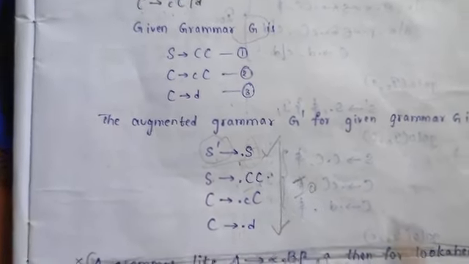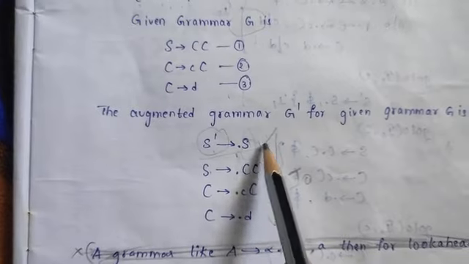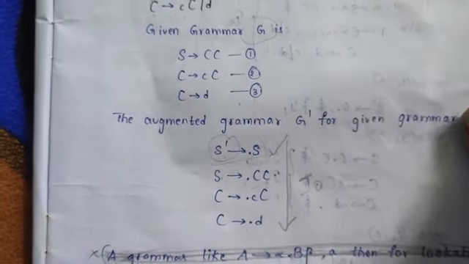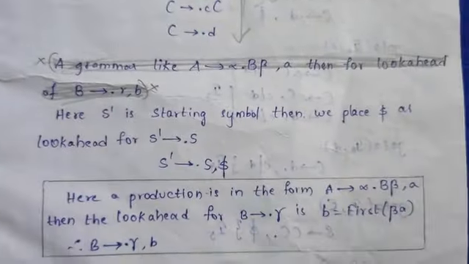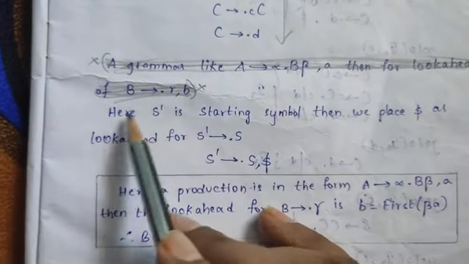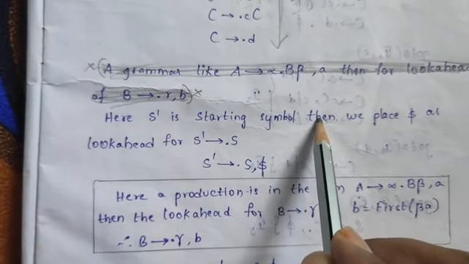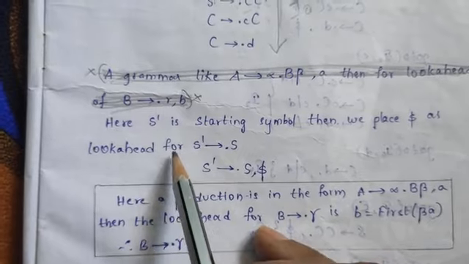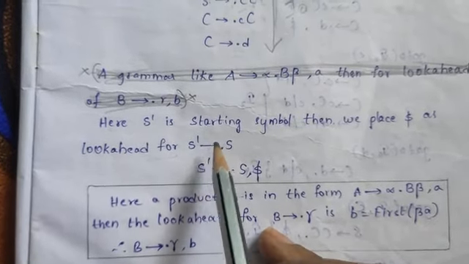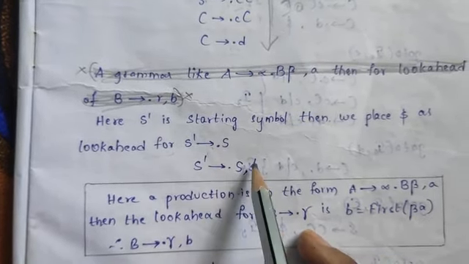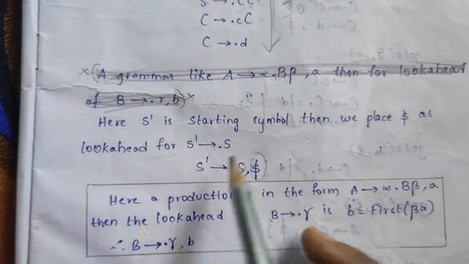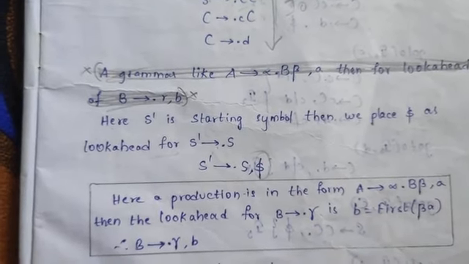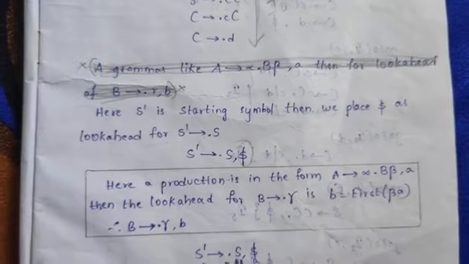To identify the look ahead for each production, we have one formula. If we are taking the augmented grammar, by default we have only one look ahead symbol, that is nothing but a dollar. That is a predefined formula.